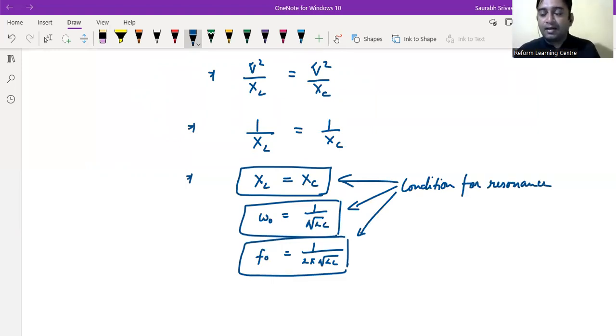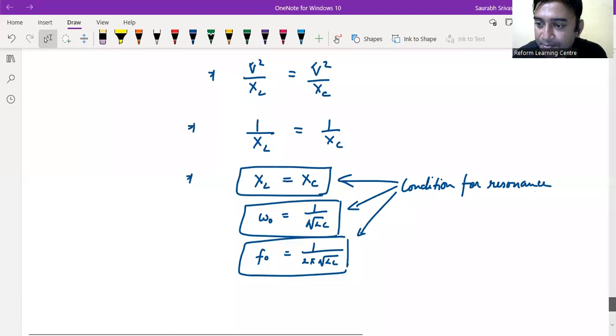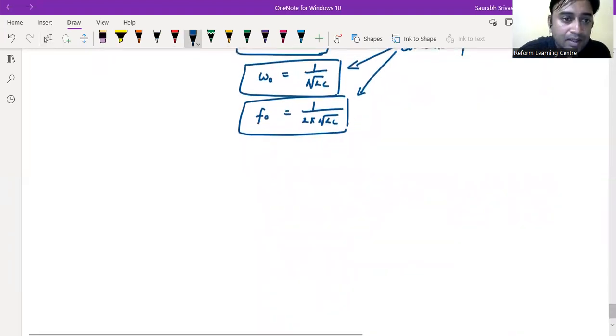in parallel RLC circuit. आप यहाँ देख सकते हैं, condition for resonance is same in series and parallel circuit, but the properties are not same. They are entirely different. वो properties अभी हम देखते हैं. आप नोट लिख सकते हैं.